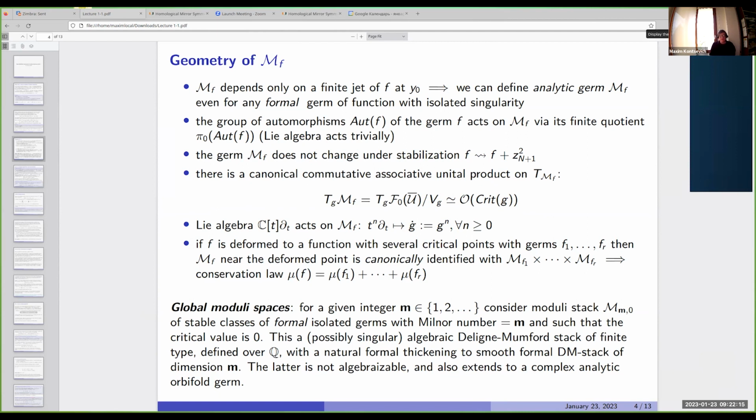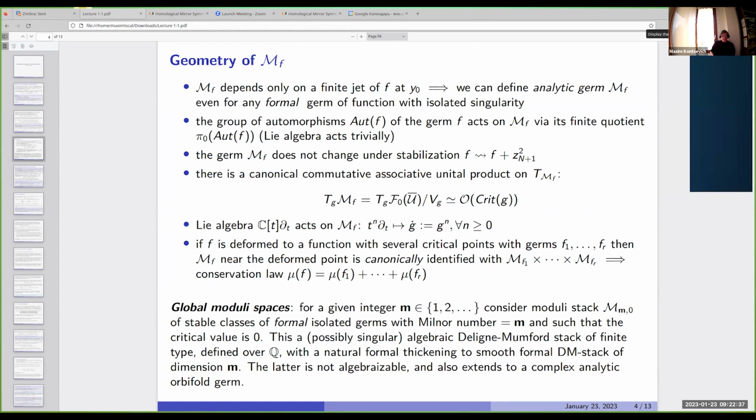And it's actually a stack, not a variety, because you have stabilizers, and the stabilizers are finite groups. This thing could be very complicated for large m. It's some algebraic stack of finite type. And it is defined over rational numbers, because one can consider formal power series over any field of characteristic 0.